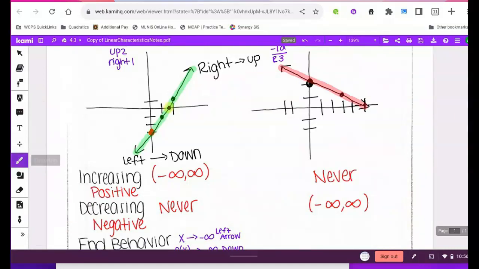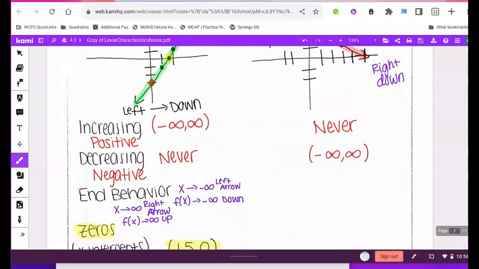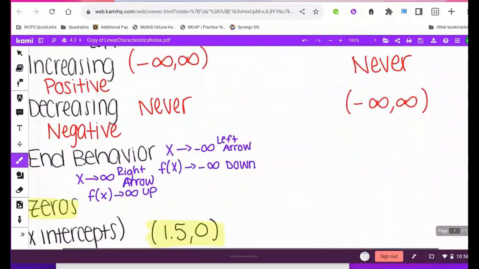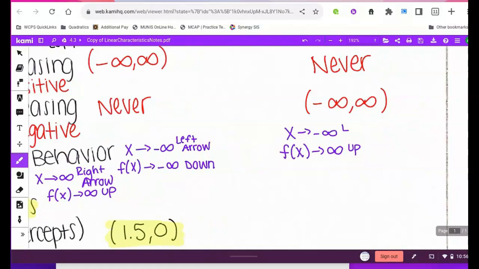Next thing is end behavior. This is the left arrow and it's pointing up. This is the right arrow and it's pointing down. So we have that notation: as x approaches negative infinity, that's the left arrow, f of x approaches positive infinity because the left arrow is pointing up.